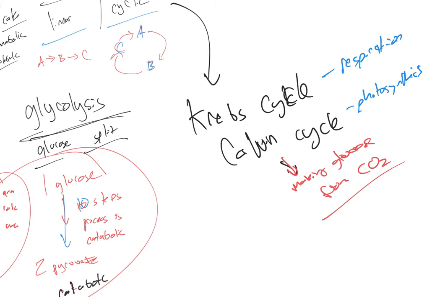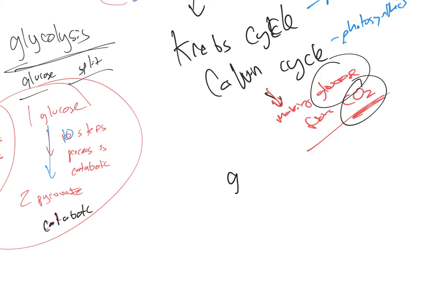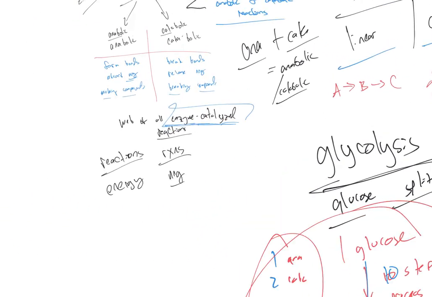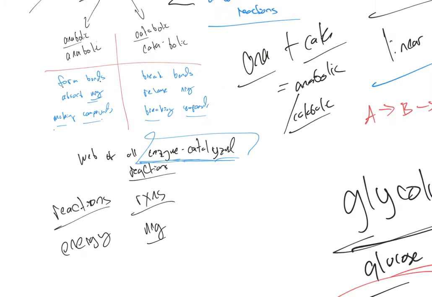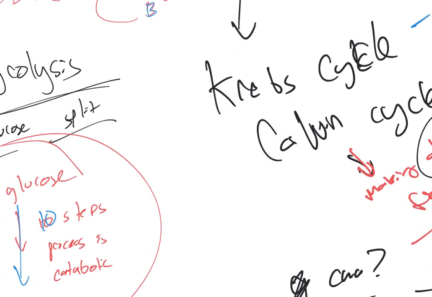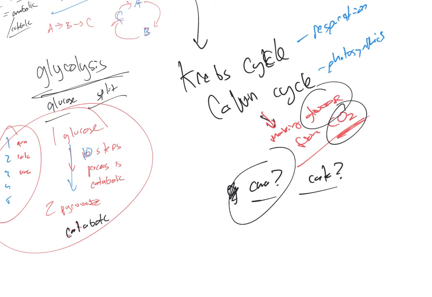We're taking small molecules like carbon dioxide and making large molecules like glucose. Is that anabolic or catabolic? Go back to our definition. We're forming bonds, we're making compounds, so that would be an example of anabolic.